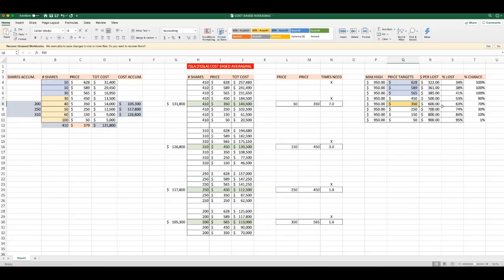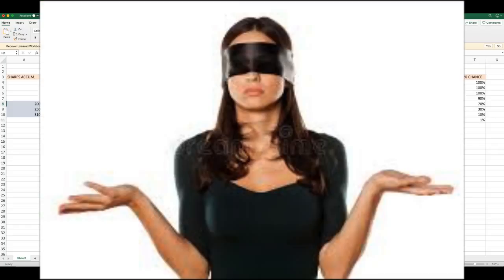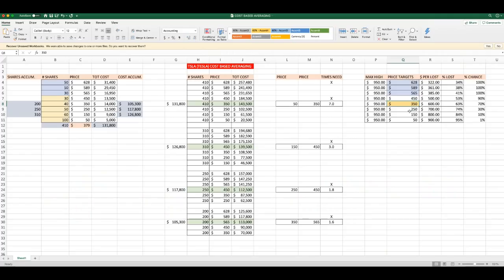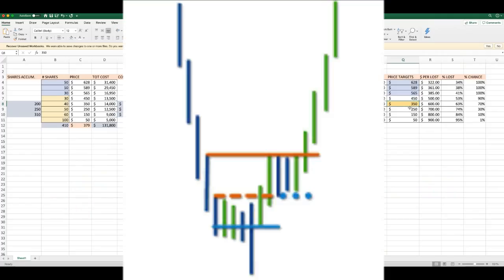If you don't even have some idea of what could happen, and you just wait around and wait around, you can pick this either way. Like I can just literally wait out and wait until it bottoms and comes up and then start cost averaging the other direction, or I can cost average going down. Okay, you can do it really either way.